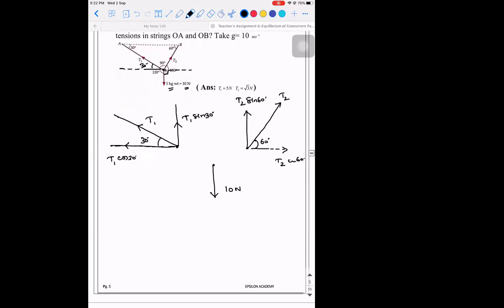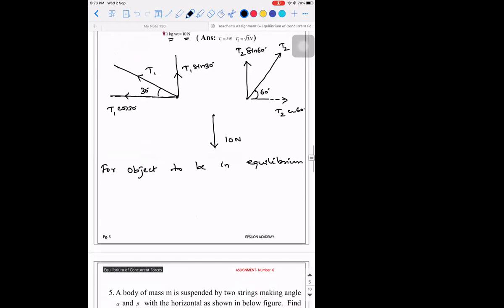Is this clear? So what I'm going to say is, for an object to be in equilibrium, the sum of all the forces in the x direction is 0 and the sum of all the forces in the y direction is 0.